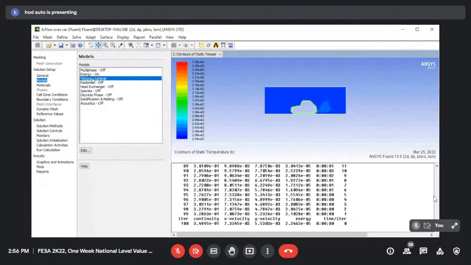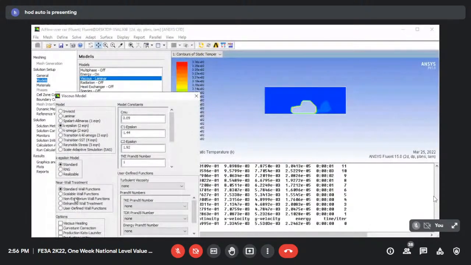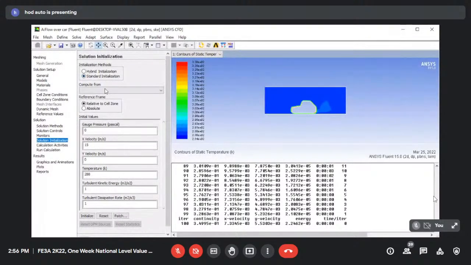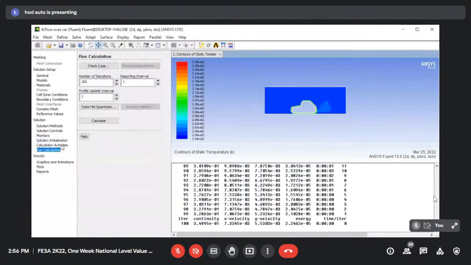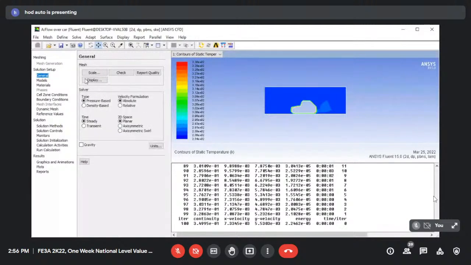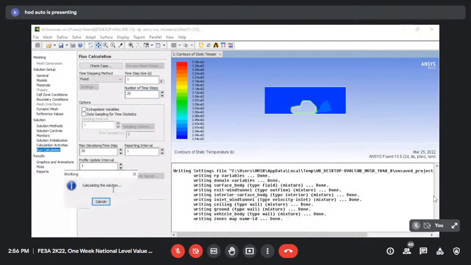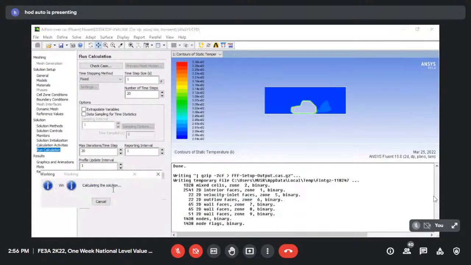I'll go back to the model, change it to k-epsilon, initialize the solution again. Then go back, change the solution to transient, come back, number of time steps, I give some 20. So I'm giving around 400. Now this is transient, time based.